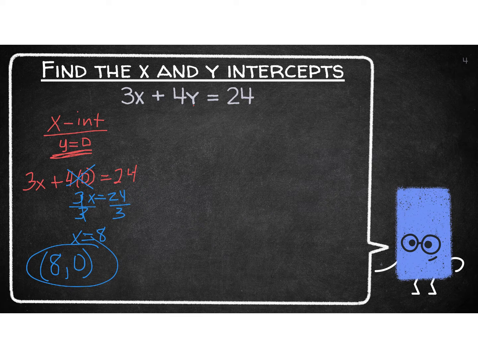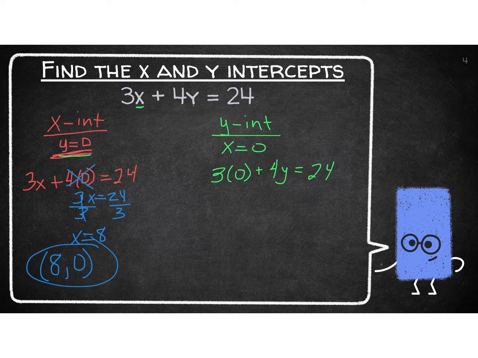The next one is we are trying to find our y-intercept. To find our y-intercept, instead of putting 0 in for y, we're going to put x equals 0. Put the 0 in for the x part. 3 times 0 plus 4 times my y equals 24.